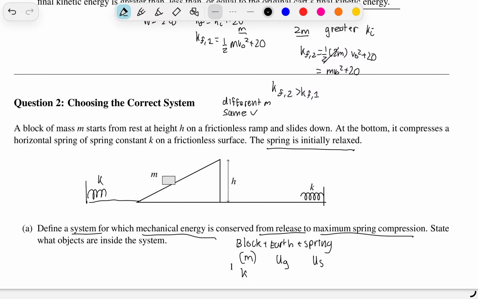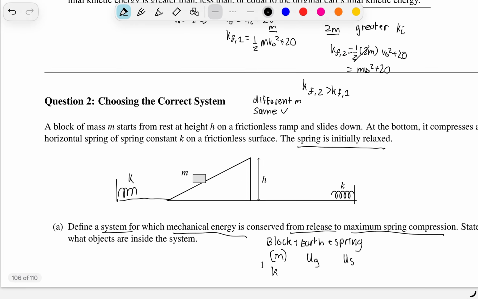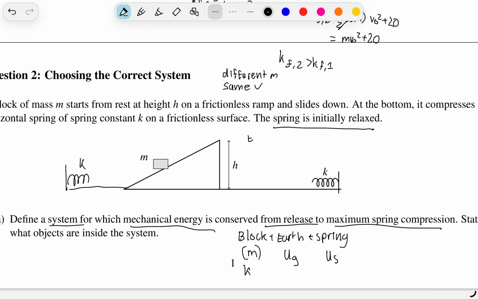So now for our second question, we're asked to derive the maximum compression X max of our spring. If you remember, when we're at the very top, our energy is all gravitational, and when the block reaches the bottom, your energy is all kinetic.